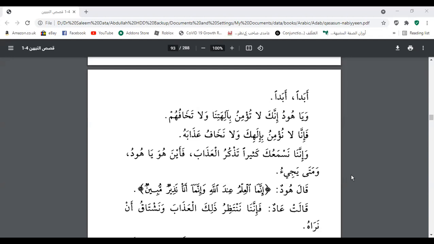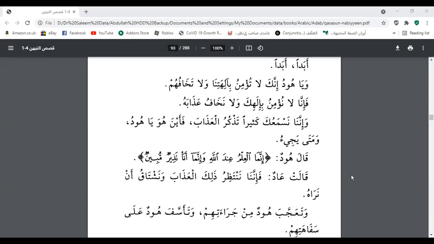وإننا نسمعك كثيرا تذكر العذاب, and indeed we have heard you a lot mentioning al-adhab, the punishment. فأين هو يا هود? So where is that, Hud? Where is the punishment? ومتى يجيء, and when will it come? قال هود عليه السلام, Hud said, إنما العلم عند الله وإنما أنا نذير مبين.